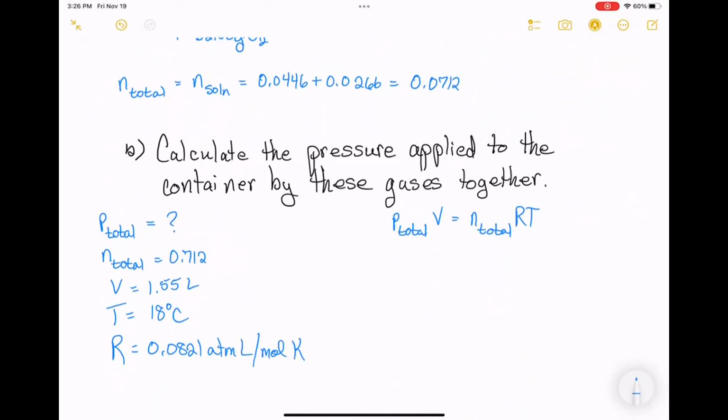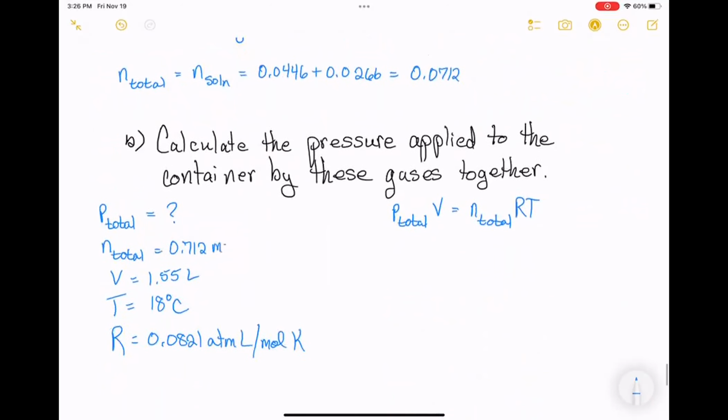You got to make your units match. So I've got to change this temperature unit into Kelvin, which is 291.15 Kelvin. All of my other units are matching.